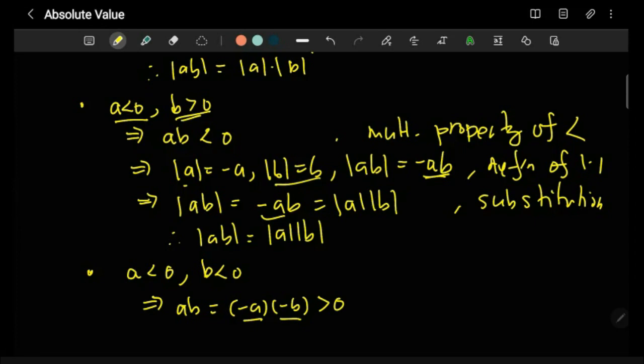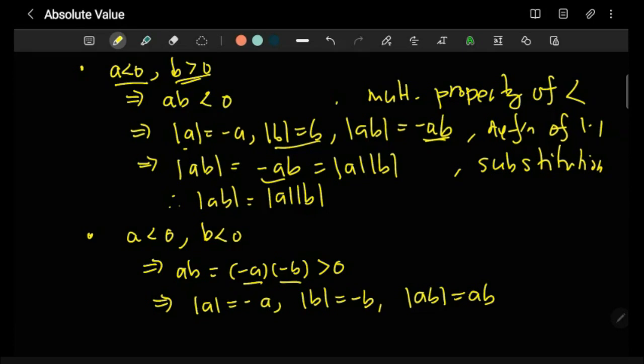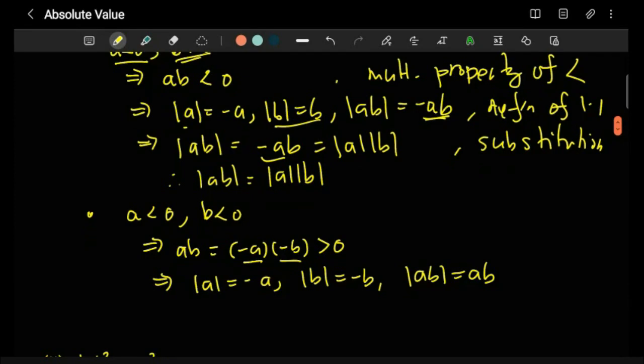Okay. So since AB is positive, A is negative, B is negative, then we have absolute value of A to be negative A, absolute value of B to be negative B, and absolute value of AB is simply AB. So this is property of the positive number.